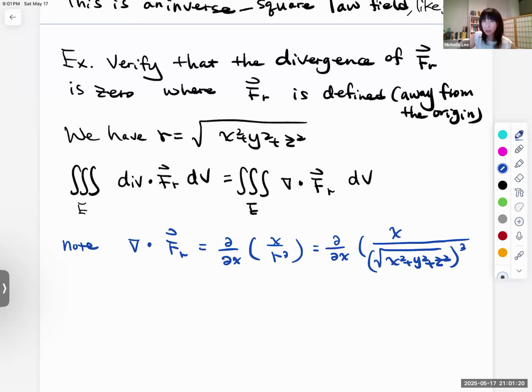Okay, that means 3 over 2, right? So let me erase this one. 3 over 2. Okay, now let's take the derivative with respect to x. So the partial derivative, right? So what do we have?